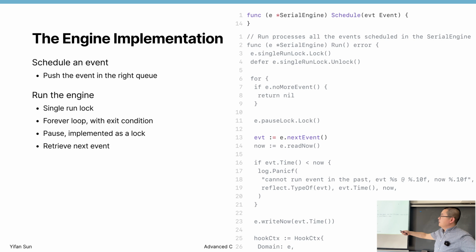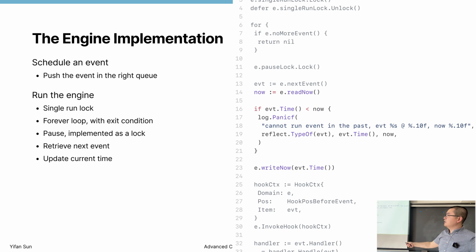Okay, then we change the current time. We also do a sanity check to make sure this time will always go forward and never go backward. So we double check at this point. Then we change the current time so that the event time is the current time of the engine, right?